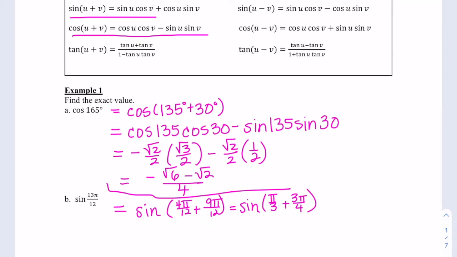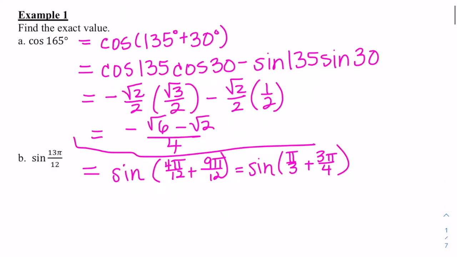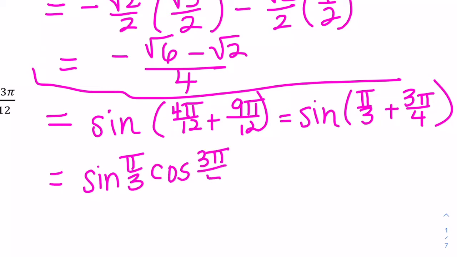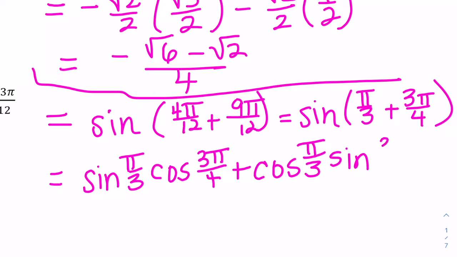So now we could use that sum formula for sine. The sum of u plus v, our u being pi over 3, and our v being 3 pi over 4. So I'm going to rewrite that as sine of pi over 3 times the cosine of 3 pi over 4 plus the cosine of pi over 3 times the sine of 3 pi over 4.